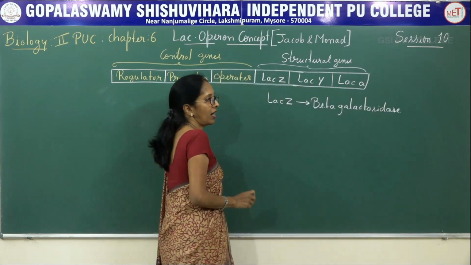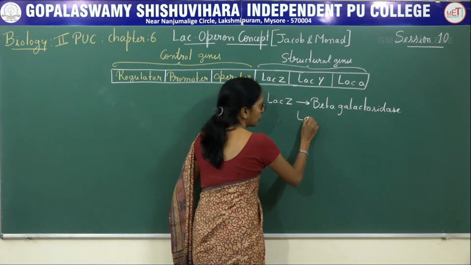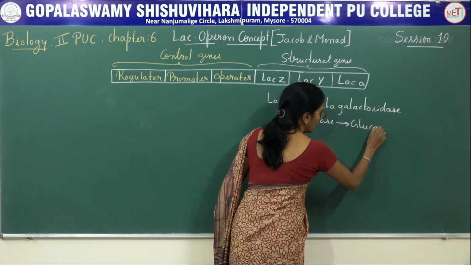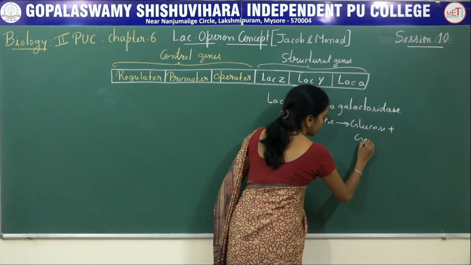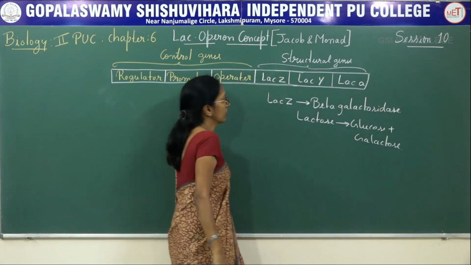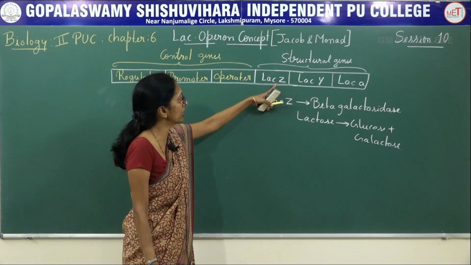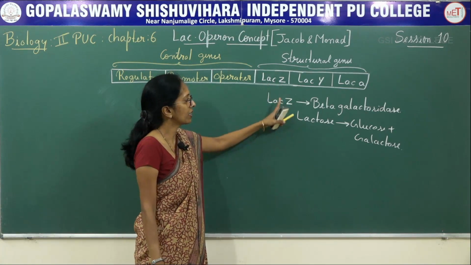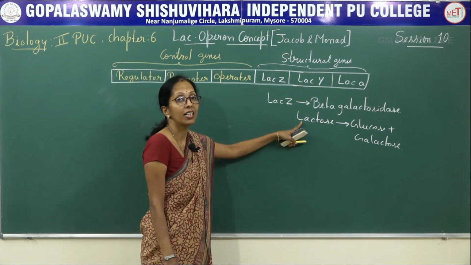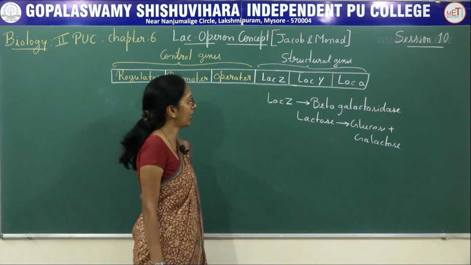This enzyme mainly helps in the breakdown of lactose into glucose and galactose. So this is the first type of structural gene, lac Z, that helps in the synthesis of beta galactosidase, so that it helps in the breakdown of lactose into glucose and galactose.